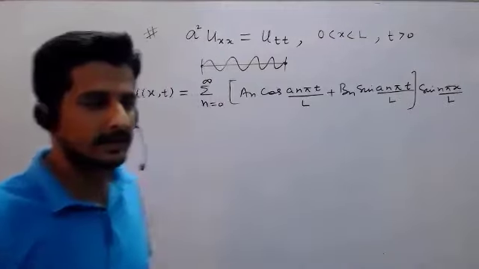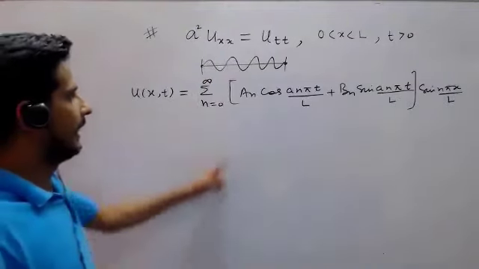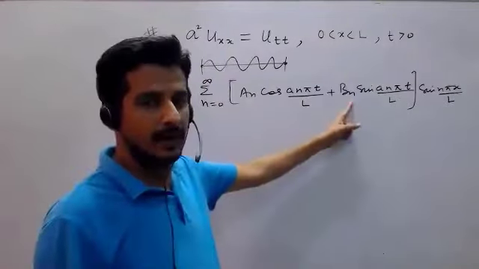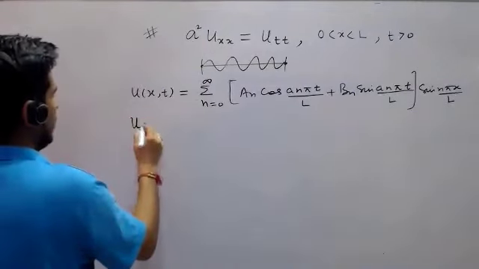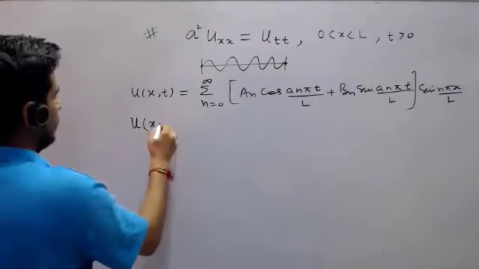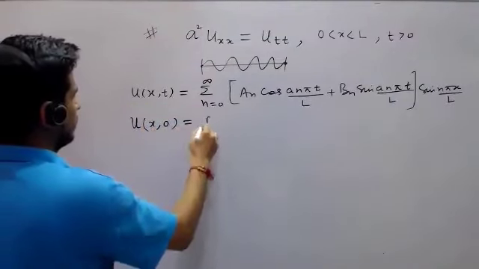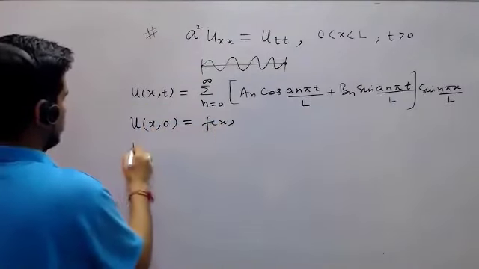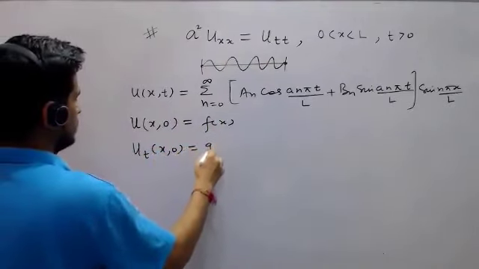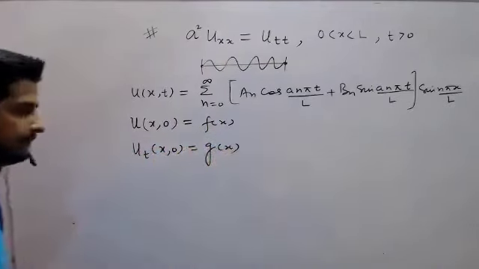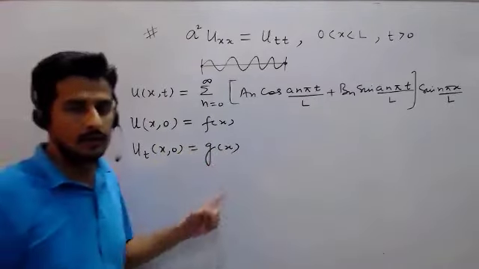I derived it in the last class, and then the values of an and bn: u of x comma 0 was some f of x, and ut of x comma 0 was some g of x.